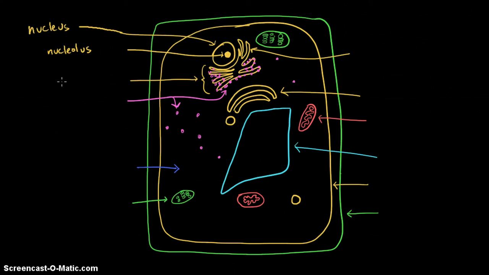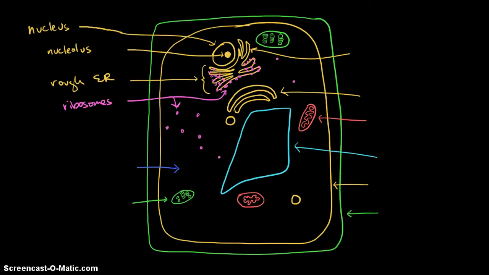Just below that is the rough endoplasmic reticulum. Remember, it looks bumpy, these little purple things are the ribosomes, and they make the proteins. So the DNA comes out of the nucleus as a different molecule, as mRNA, which we'll learn about a little later.